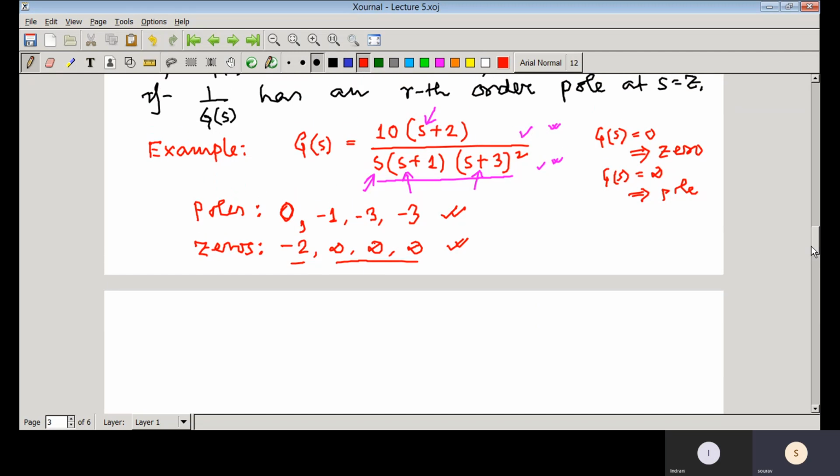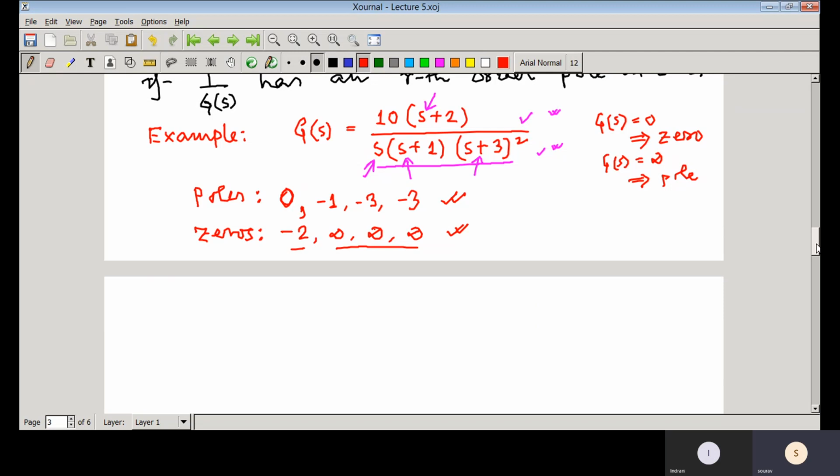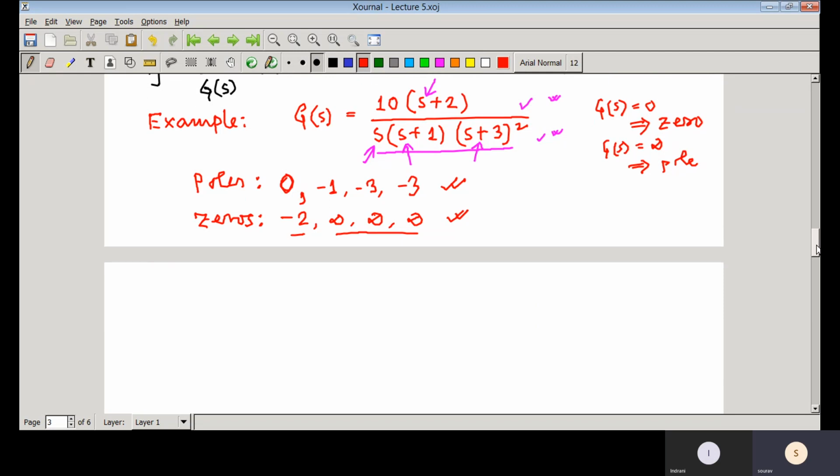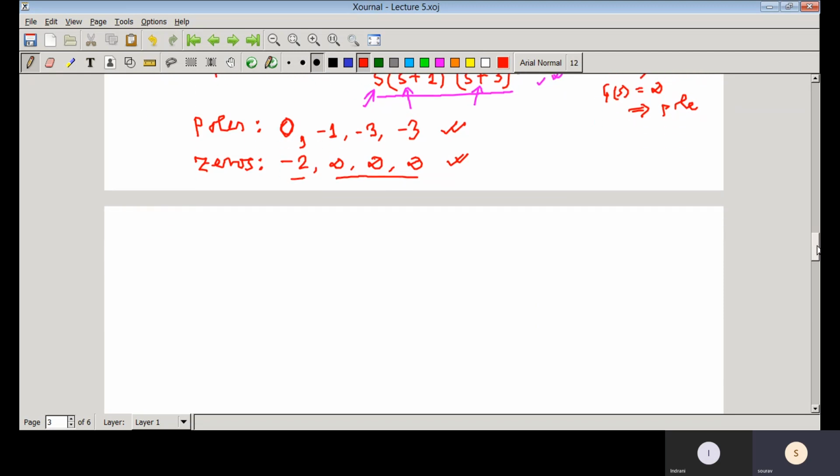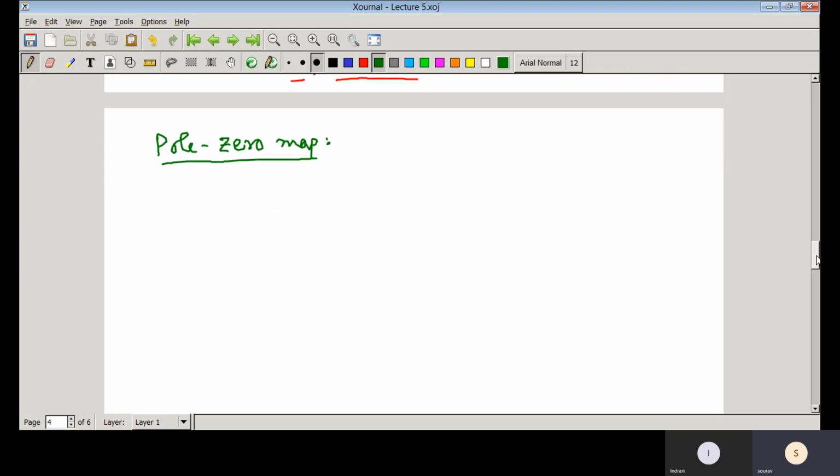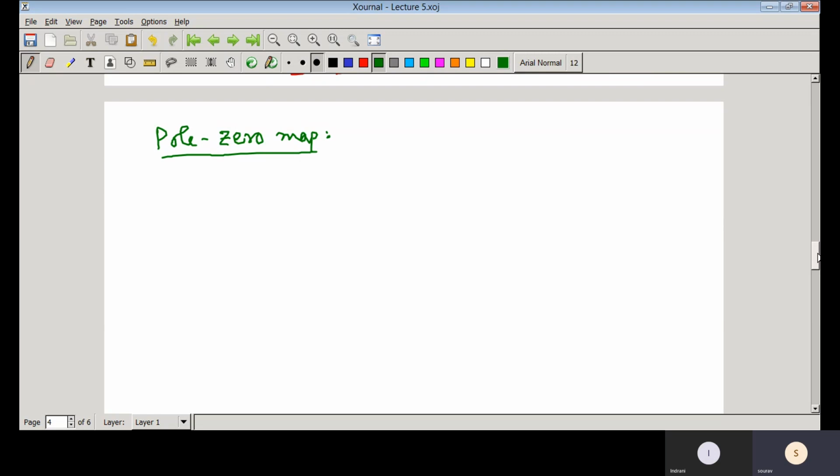And whenever a rational function is given to you, you can show the location of poles and zeros via pole zero map. So this particular map is used in control systems. From this map one can understand where are the locations of poles and zeros for a given rational function.